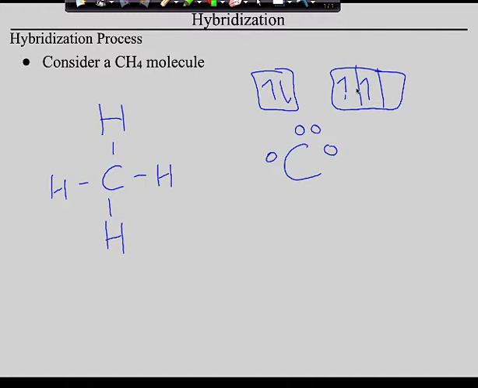So why is that a problem relative to methane? Well, guys, carbon's only got 2 bonding sites, right? In order for a bond to form, there's got to be some sharing of electrons. And you all sort of have this concept that hydrogen comes in and it shares an electron, and another hydrogen comes in and it shares an electron, and now it's game over.